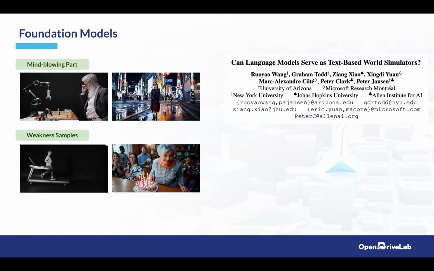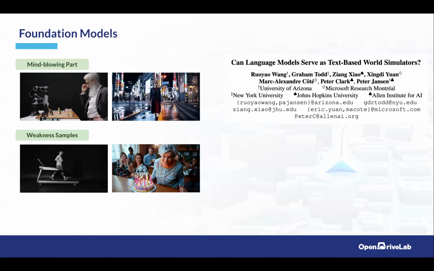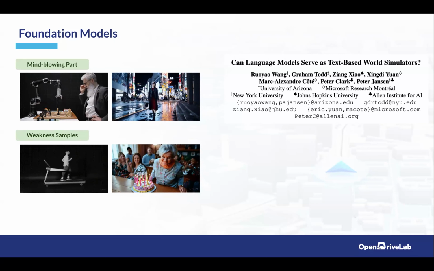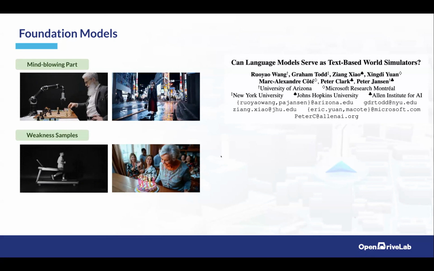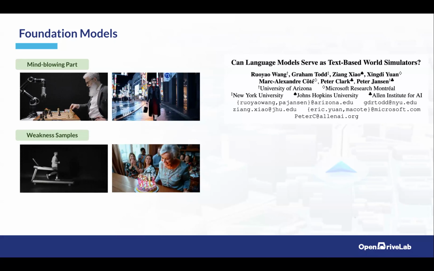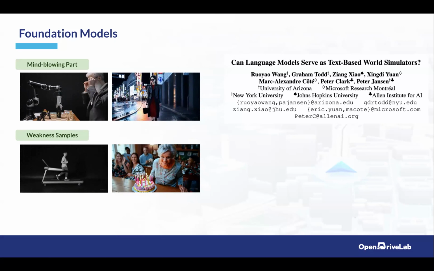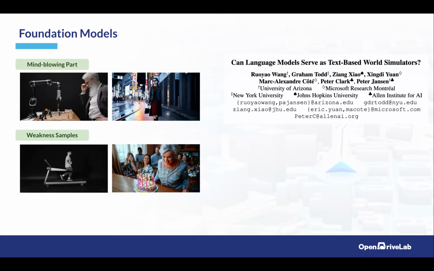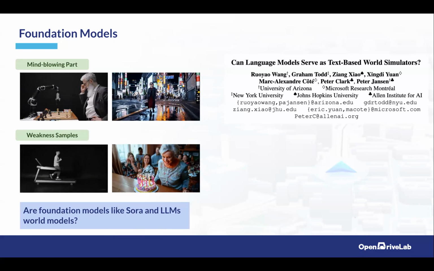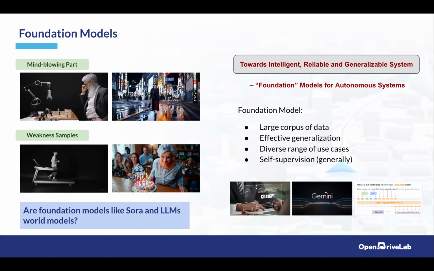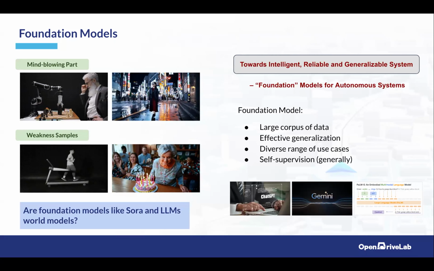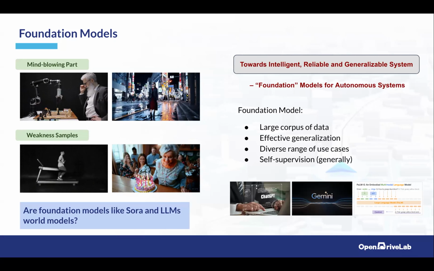The answer, to me, is no, because they have very bad hallucination problems, as you can see from these two figures on the left, and in some research papers from ACL and NLP groups. They claim that large language models behave very badly on some basic rules or real-world common sense. So the question is what we should do to build a world model for these autonomous systems, or what the foundation model for these systems is.